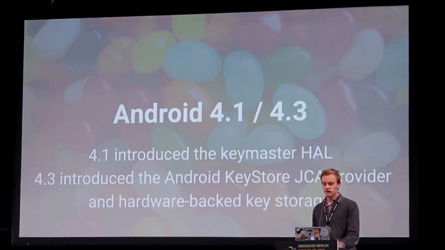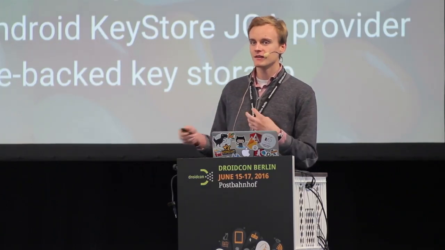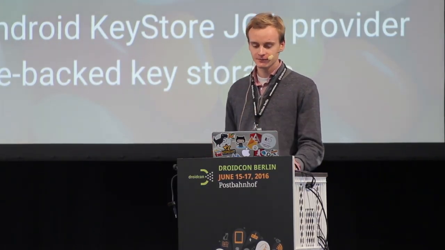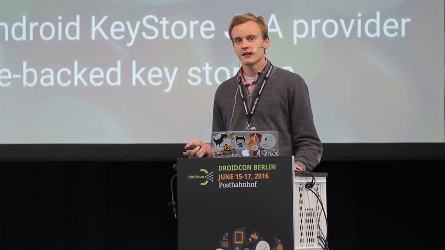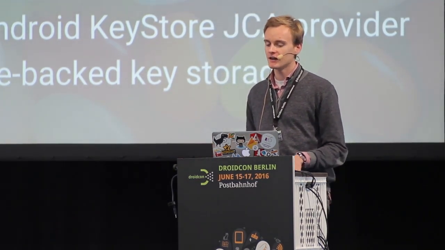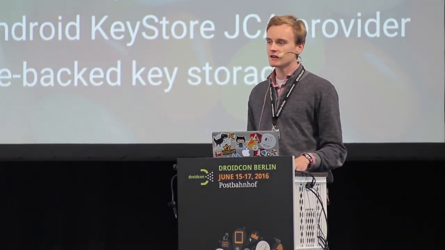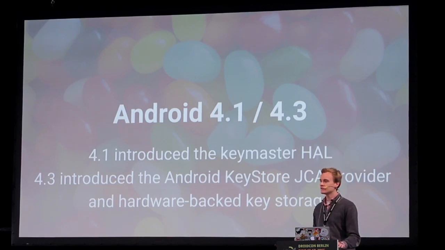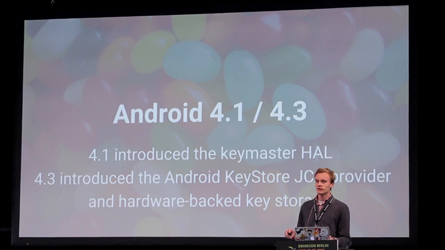It's more based on the JCA architecture, so you can use all Java APIs to work with the keystore. And this keystore finally supports hardware-backed credential storage in trusted environments. The first device was the Nexus 4. And these app-private keys were now possible through this implementation.